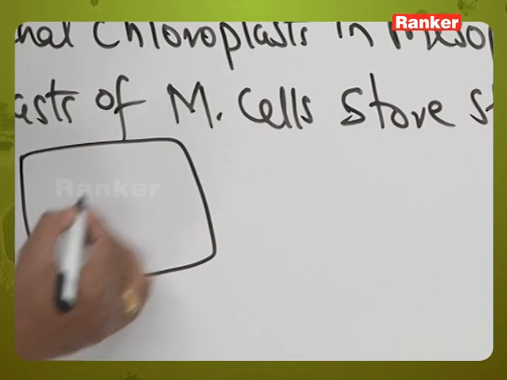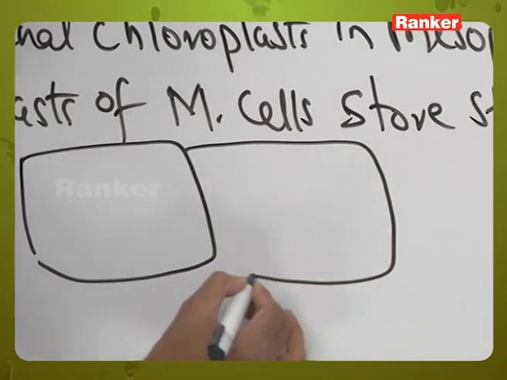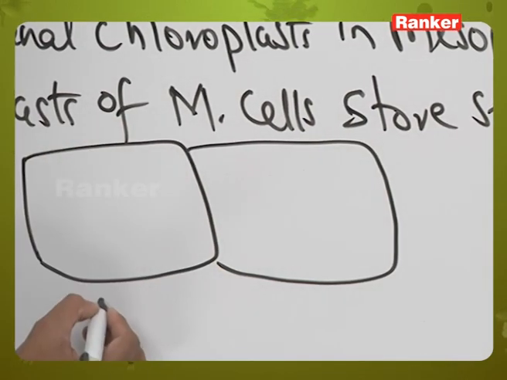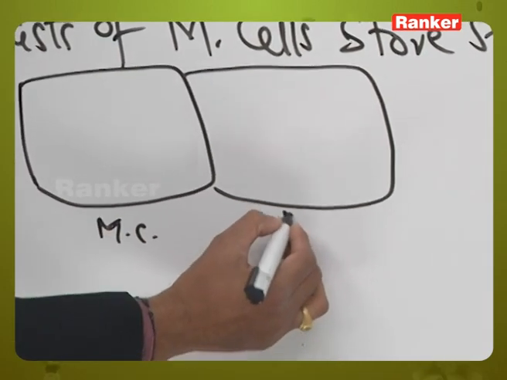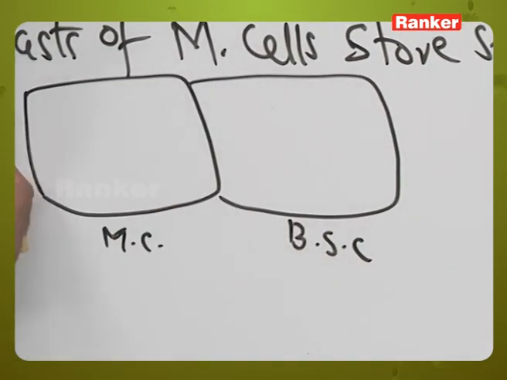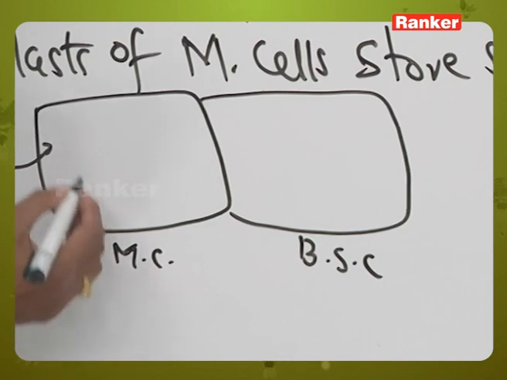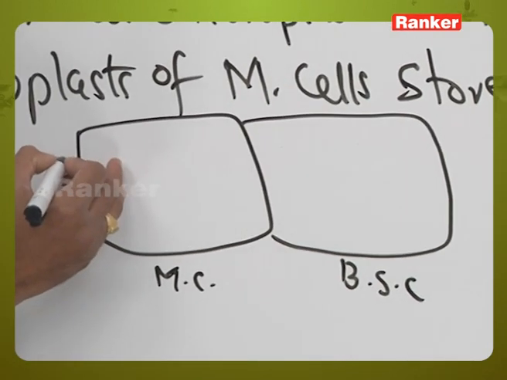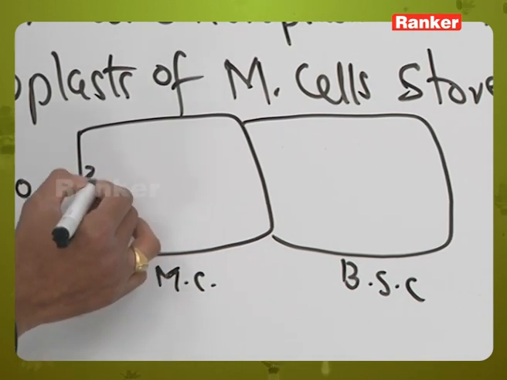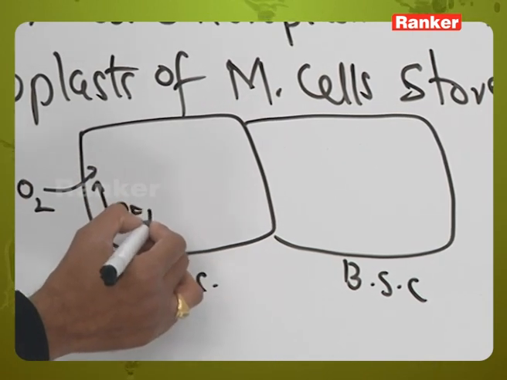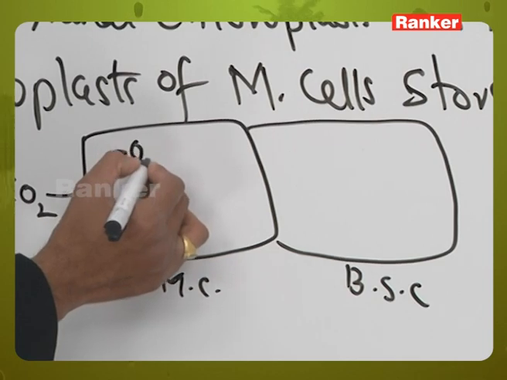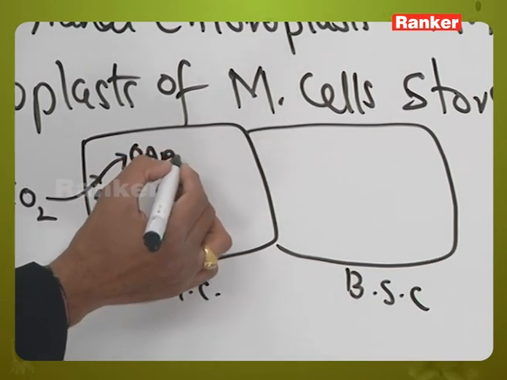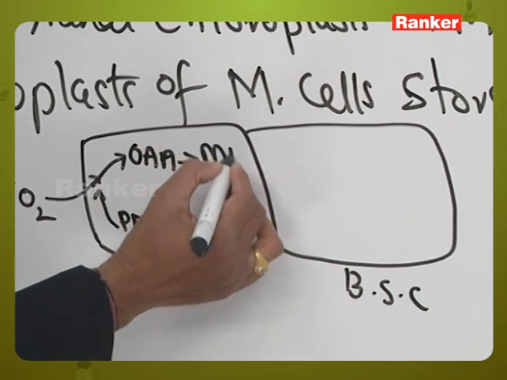If you consider this as the mesophyll cell and these as the bundle sheath cells, this is the cell where carbon dioxide is accepted in the form of bicarbonate. The primary acceptor is phosphoenol pyruvic acid, which is converted into oxaloacetic acid, and oxaloacetic acid is converted into malic acid.